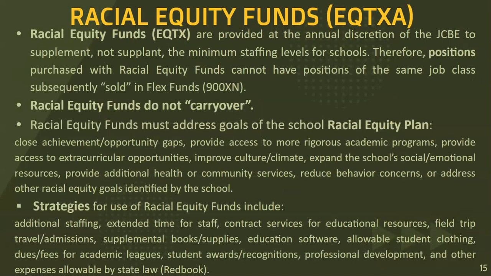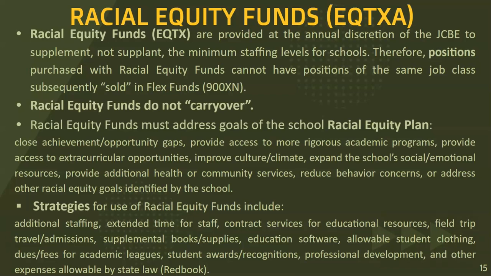Racial equity funds are provided annually to increase the support that schools are receiving, not to supplant it. Therefore, any positions that are purchased in equity funds cannot be sold in flex funds. Also, racial equity funds do not carry over, so put them to good use in the current year.